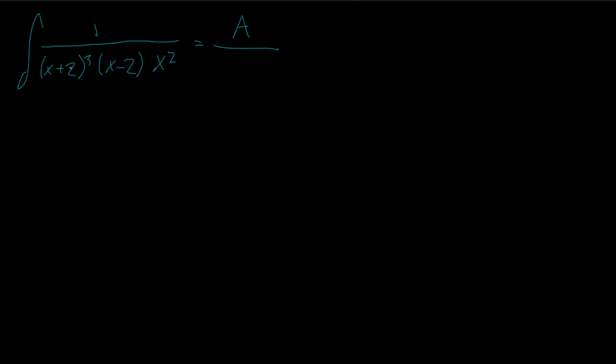But no, the technique that you use when you have multiple factors of a simplified expression is to go a over x plus 2 cubed, just like so with the first one, and then to continue but individually break off a factor until you don't have any more.